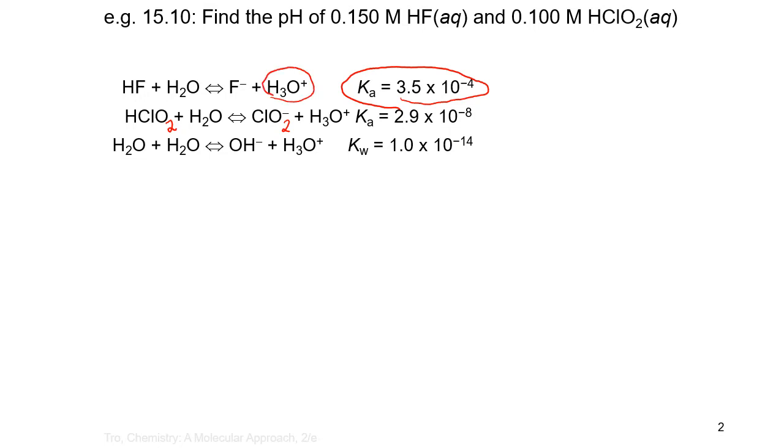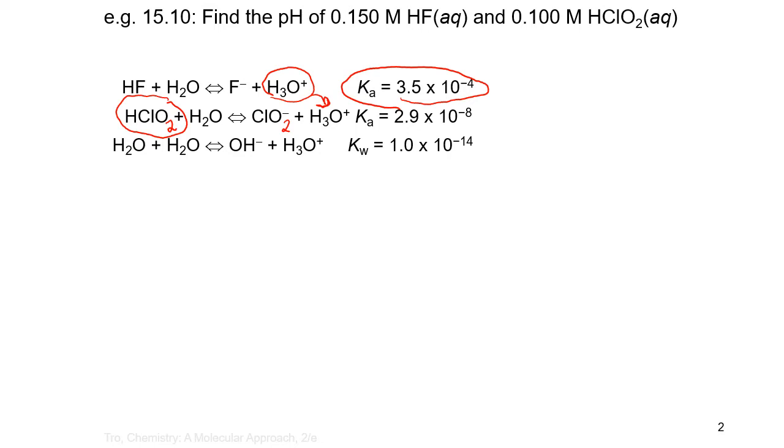Once we form the H3O plus, that's essentially like adding product into our HClO2 reaction here, which shifts it towards the reactants. And so most of it is going to stay in the molecular form.